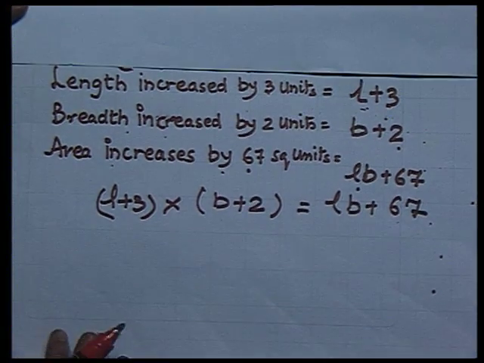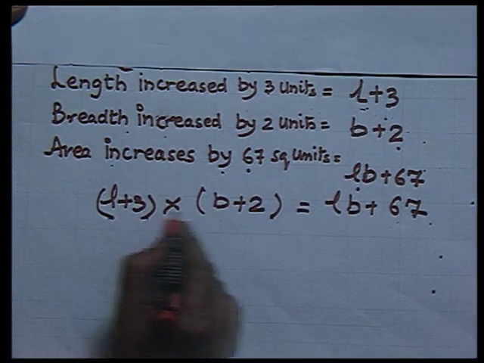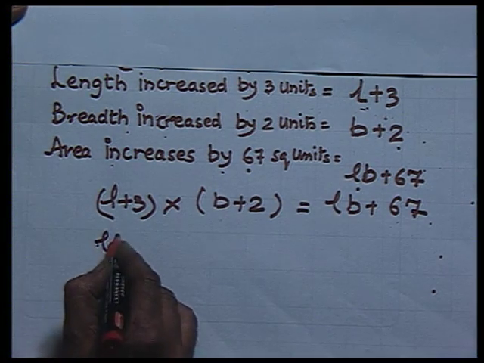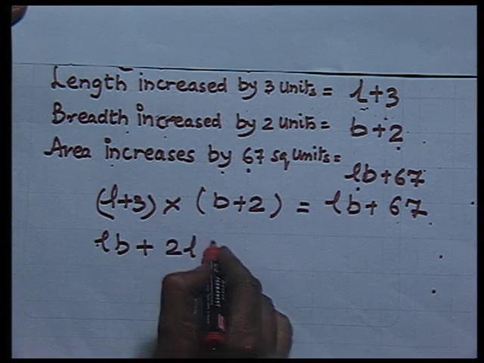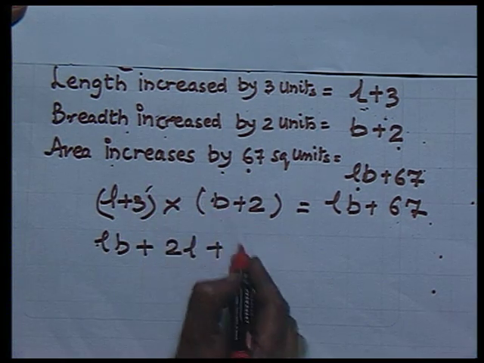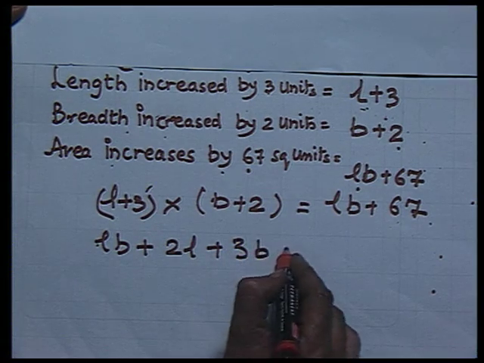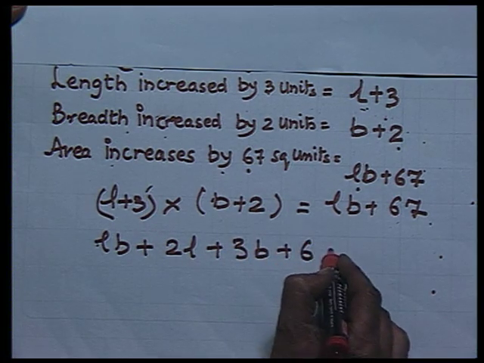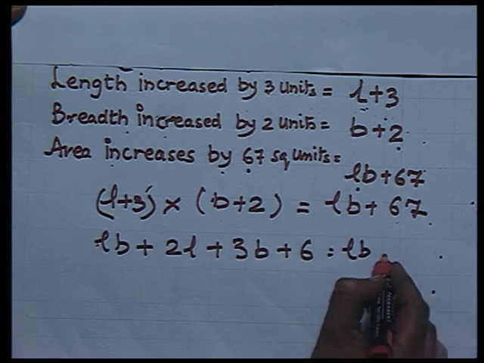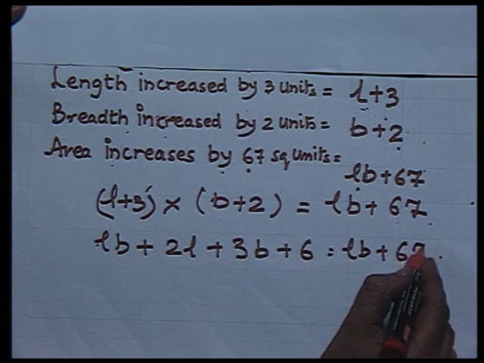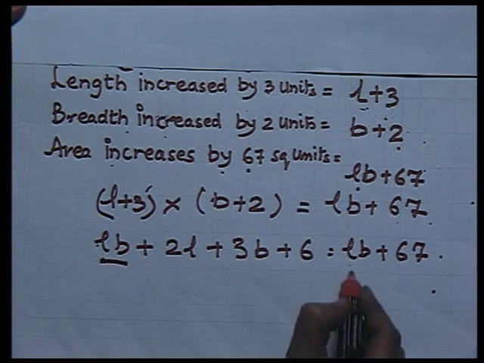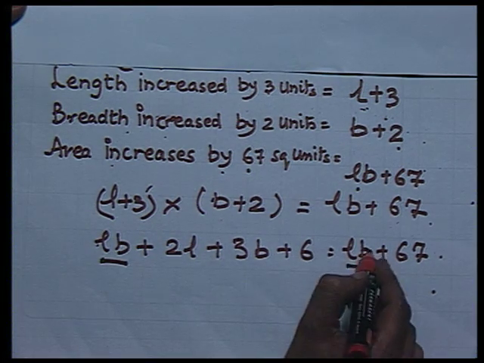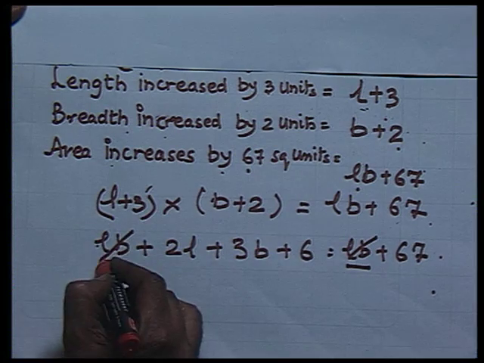Now, this can also be simplified. When we expand this side, we get LB plus 2L plus 3B plus 6 equals LB plus 67. Again, LB on the left hand side is a positive quantity, and here it is also a positive quantity, so that can cancel out.